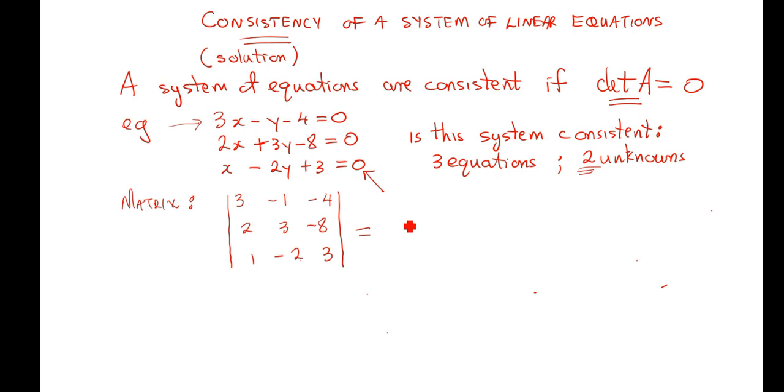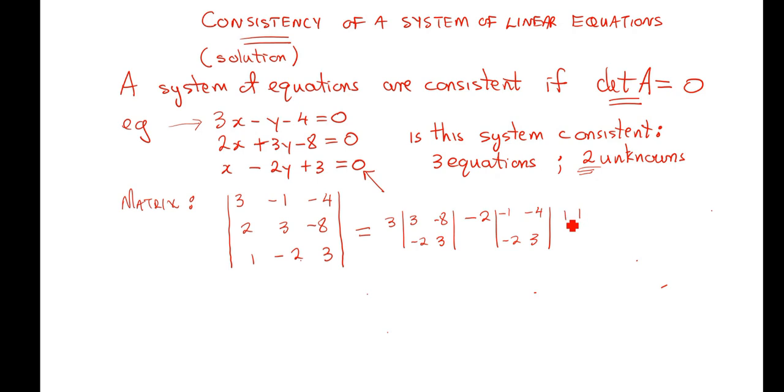Expanding along the first column, I'm going to get 3 multiplied by, what's the minor? 3, minus 8, minus 2, 3. Then 2, the place sign is minus, the minor of 2: minus 1, minus 4, minus 2, 3.